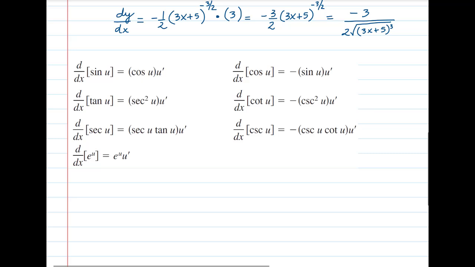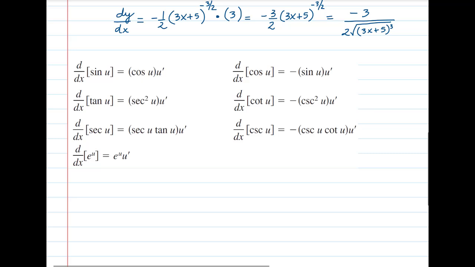For instance, we know already from previous sections that the derivative of sine is cosine, right? But if we have the derivative of sine of some function of x, then the chain rule says we have to multiply by the derivative of the inside function u. Everything is going to work the same for all the other rules.